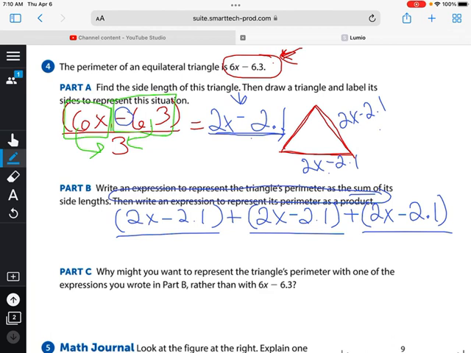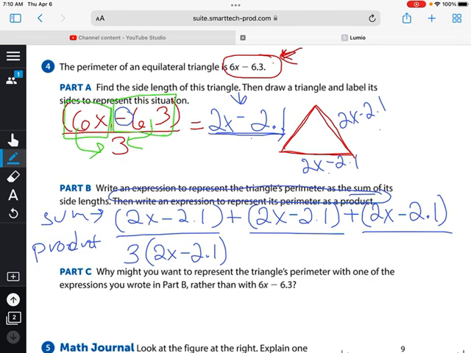So this is as a sum. Product means I'm multiplying something. Well, if all 3 sides are the same, and I have 3 sides, it means I'm going to multiply 3 times the side length, which is 2x minus 2.1. All right, so those are the 2 different ways I could show the same information.